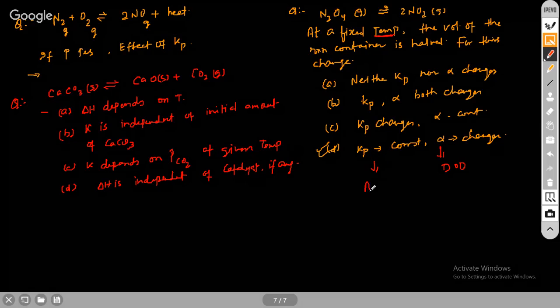As volume decreases, concentration increases, and that will increase the dissociation, alpha. More concentration will be there, so more will be the dissociation, so that you will attain the equilibrium.